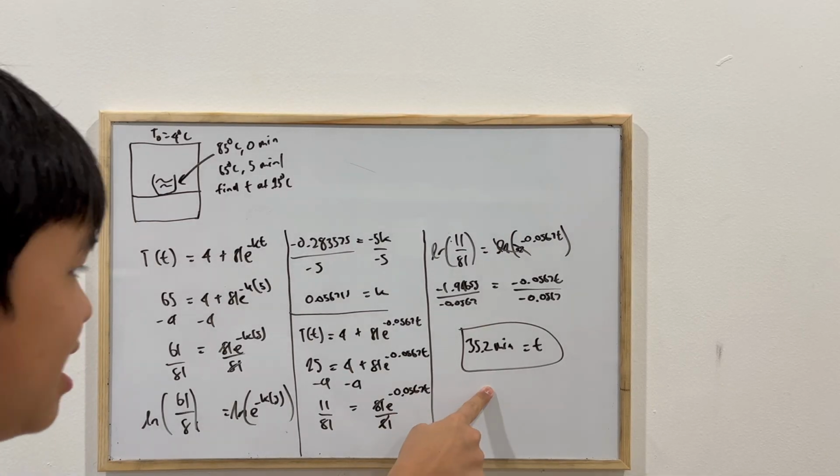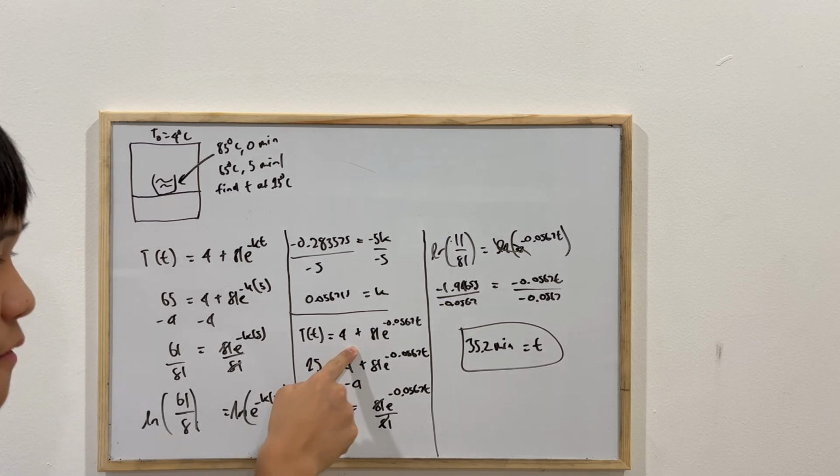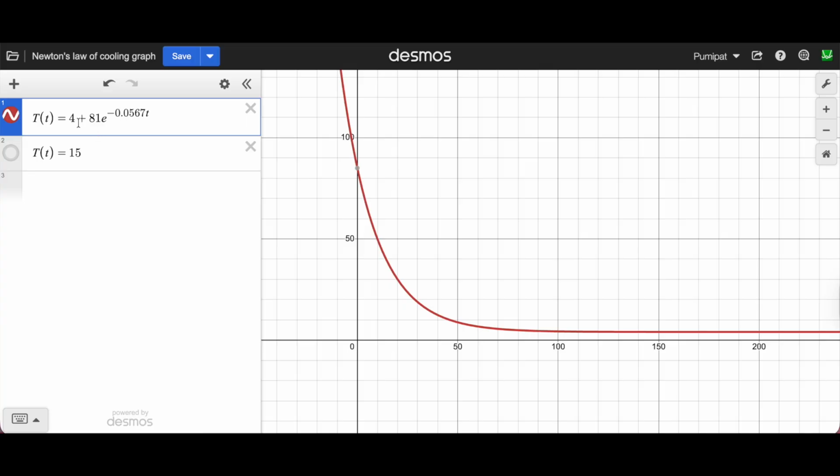To verify our answer here, we can actually grab this function and find the time. So here we have our function T of t equals 4 plus 81e to the negative 0.0567t. To find the time at 15 degrees Celsius, we can write a new function T of t equals 15 and find the intersection, which is, as predicted, 35.2 minutes.